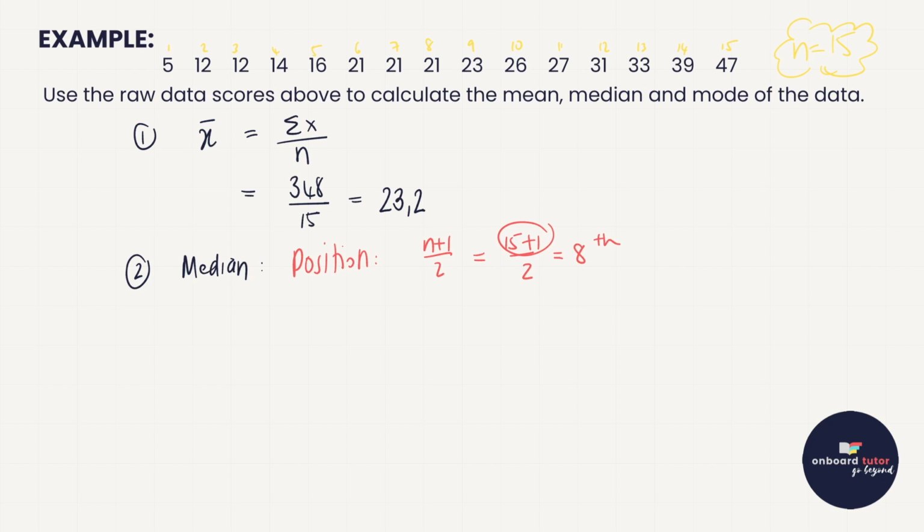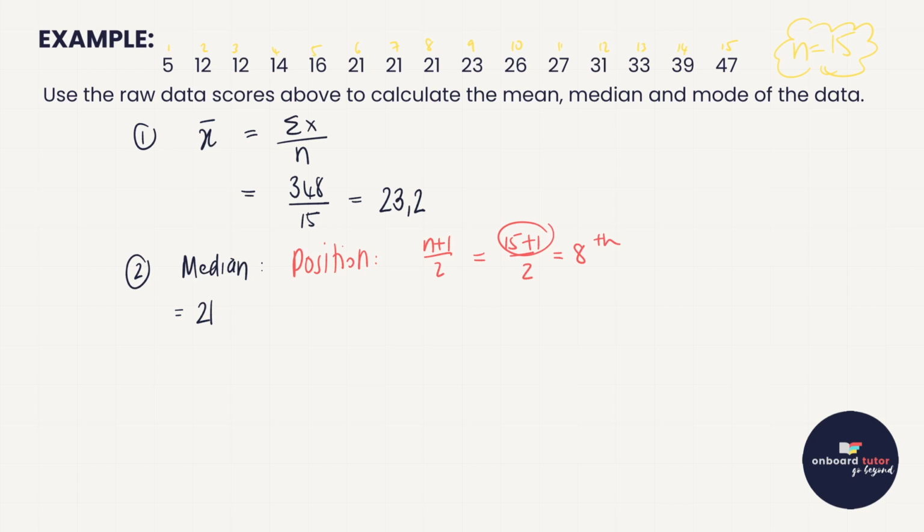Okay, very important is to check that these are in ascending order. If these are not in ascending order, we can't just read the median. We need to first arrange them. But in this instance, they do go from smallest to biggest, so we can jump to this step where we calculate which position. The 8th position is my median, and so the median here is equal to 21.